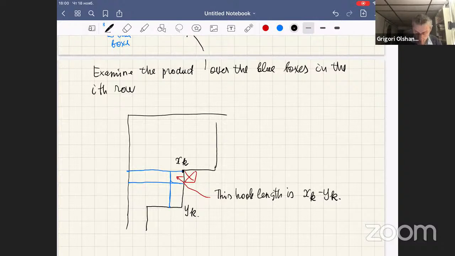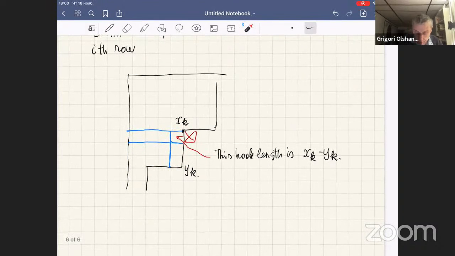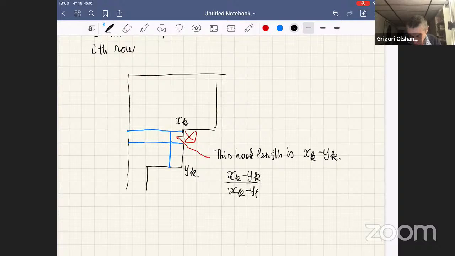Because this is just the height of this column. So the contribution from it is xk minus yk +1. Okay.